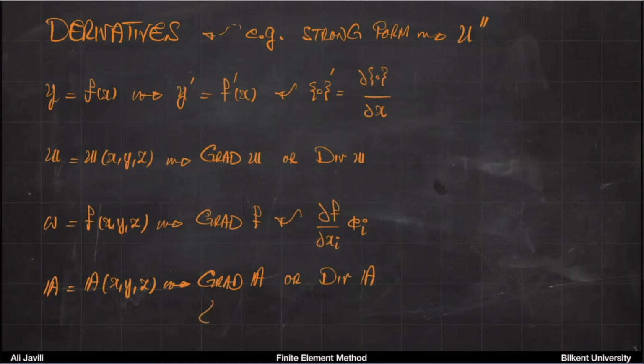Now, the gradient of A would be the derivative of A with respect to xi, dyadic ei. Divergence would be the derivative with respect to xi dot ei.